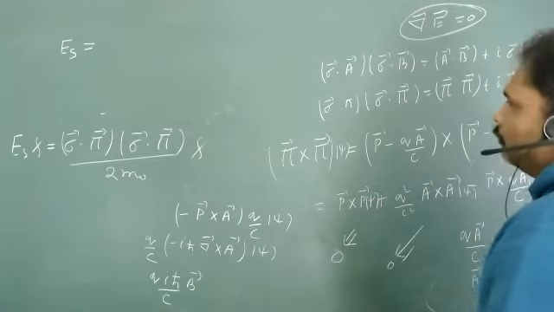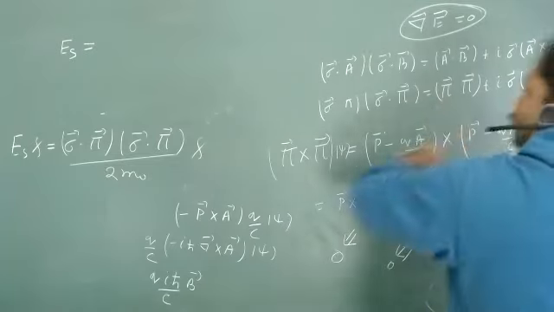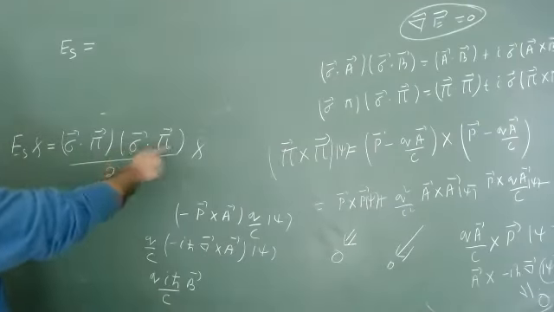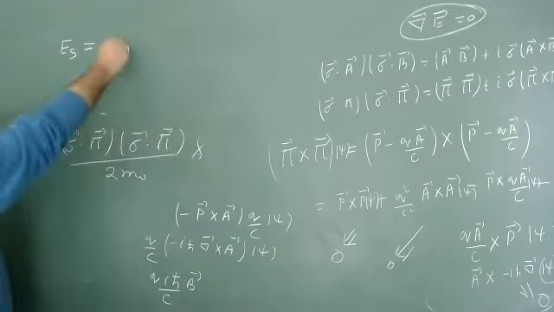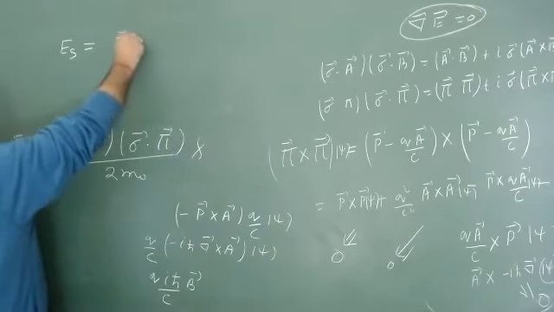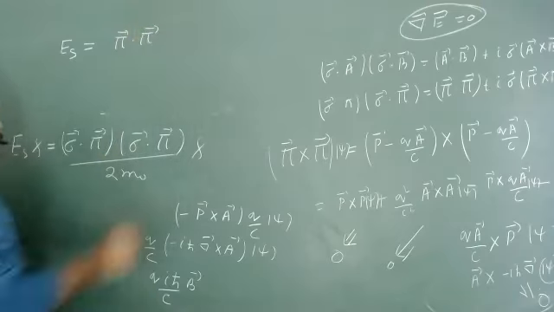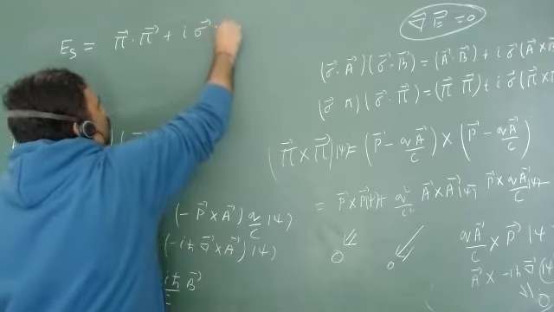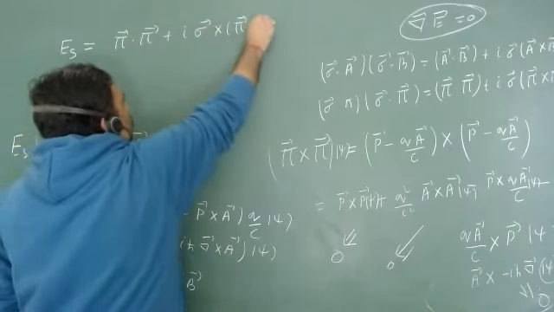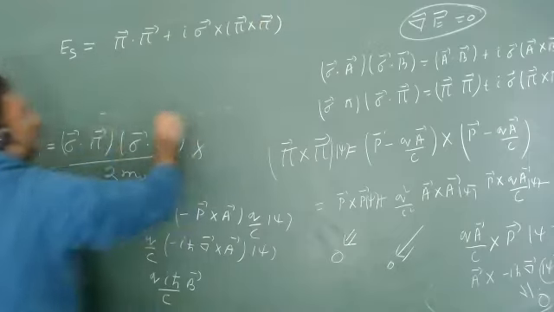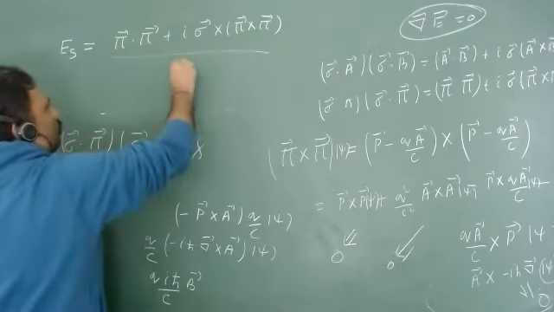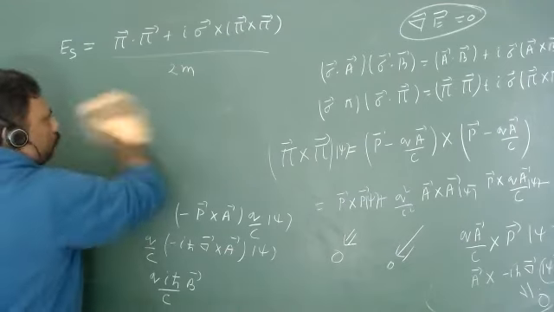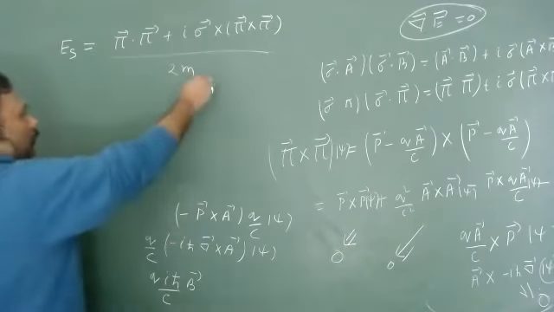So then what we have, we can write this whole thing. ES is equivalent to sigma dot pi, and what is sigma dot pi? It is pi dot pi plus i sigma cross pi cross pi, by 2m. Let us write the whole thing, and you can put 2m naught.